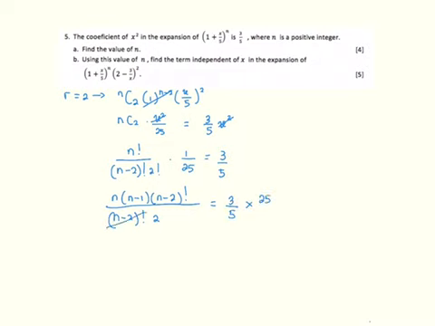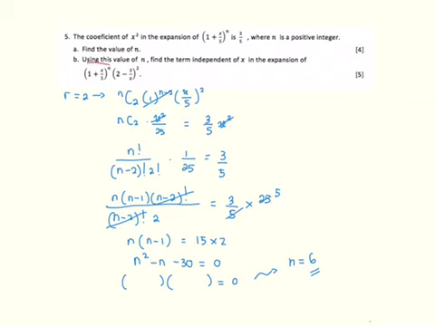So cancel this and also this, 5. So n times (n minus 1) is equal to 15 times 2. n squared minus n minus 30 is equal to 0. Factorize to get n. Then n is equal to 6.